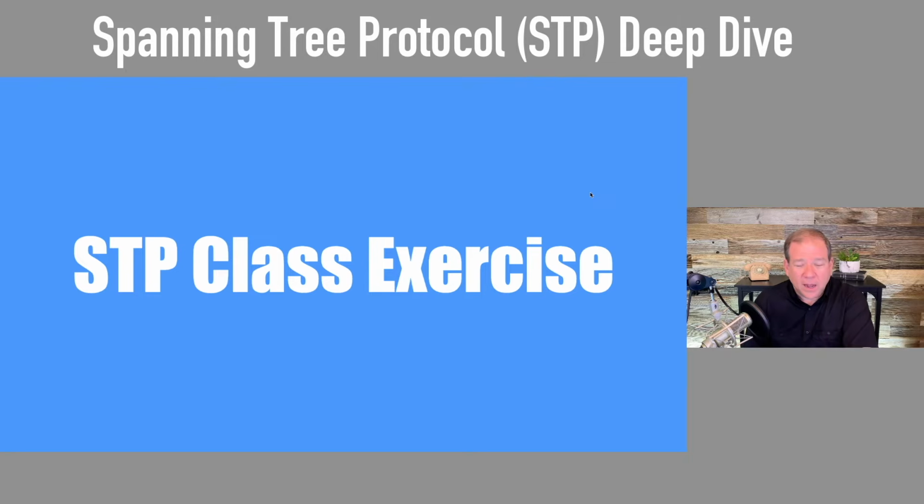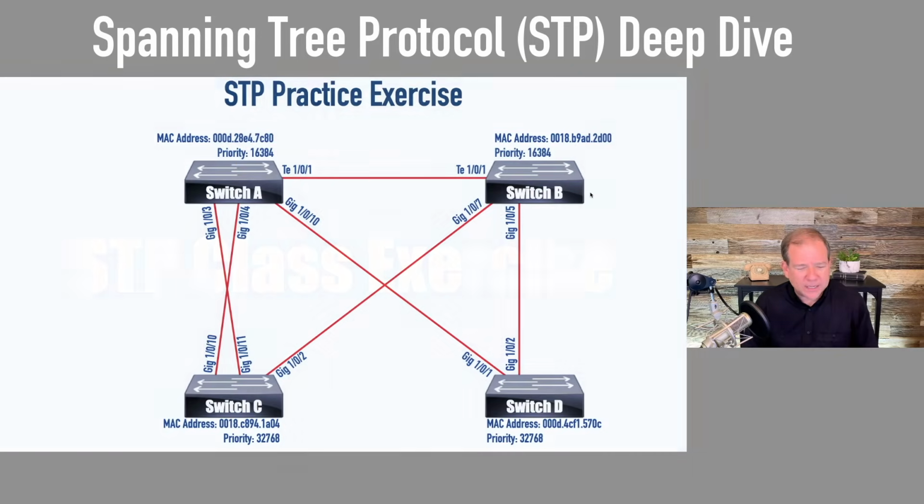All right, I want to challenge you. Are you ready? Got your thinking caps on? Let's take a look at a little bit more complex topology. I'll give you a moment to just soak it in. Most of the links are gig links. Notice up top between switches A and B, it says TE 1/0/1 on both of them.